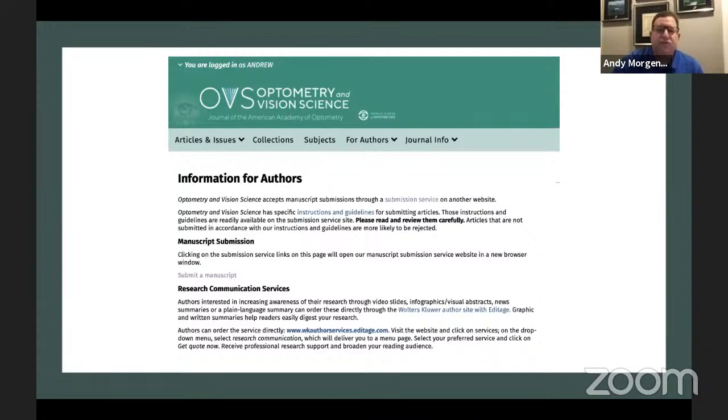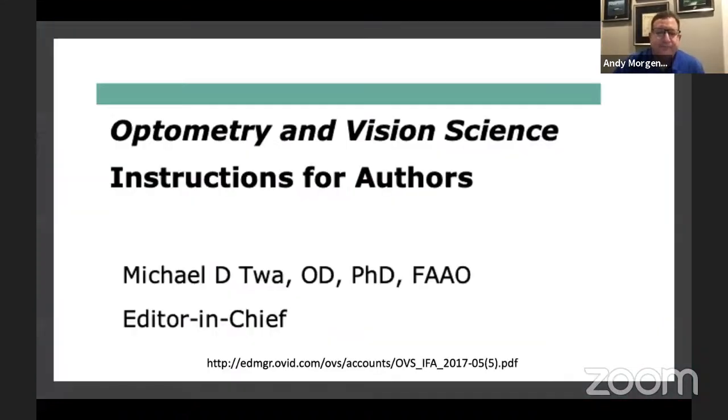But truth be told, it's not just this journal. You can submit to any journal you want. All journals these days will typically have the information for the authors, so you can know ahead of time what you need to do in your article to get this completed and submitted the right way.